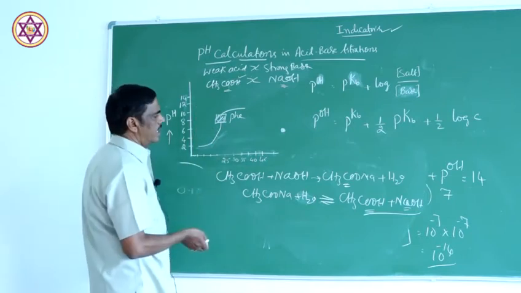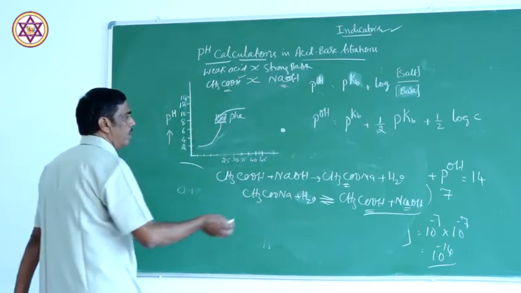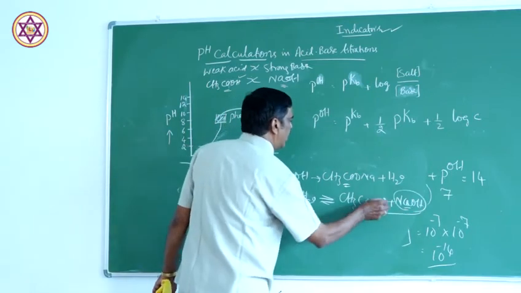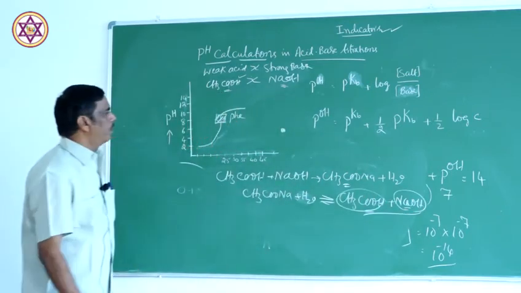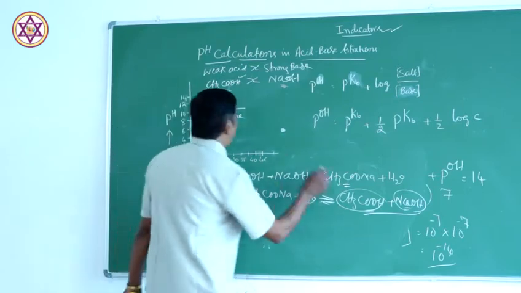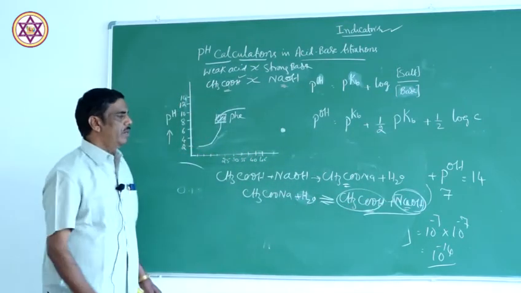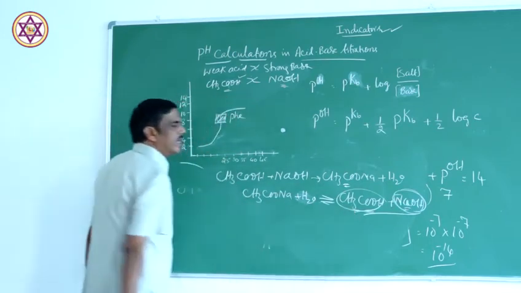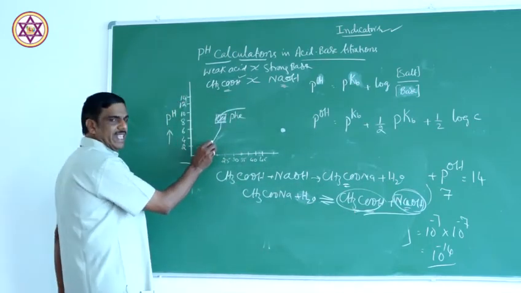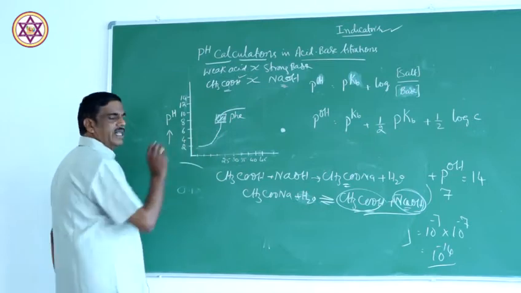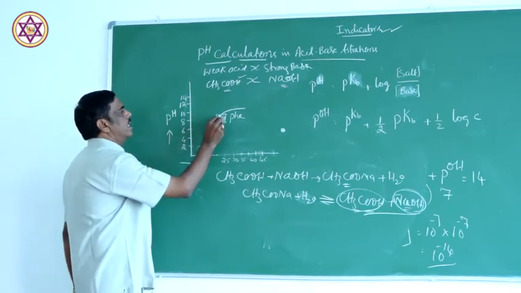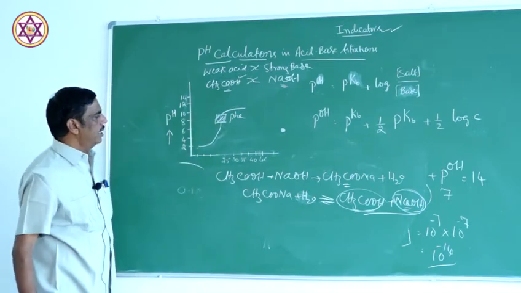Sodium hydroxide is a strong base and acetic acid is weak, therefore pH goes above 8. Since this is weak acetic acid, there is no rise in the pH in the acidic medium, only change in the pH in the basic medium.